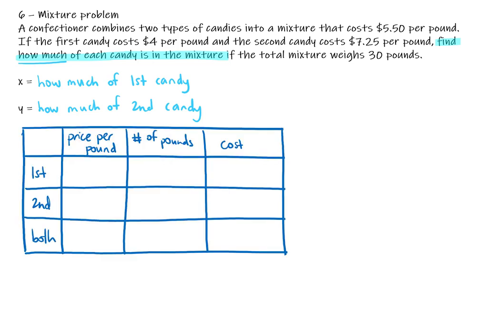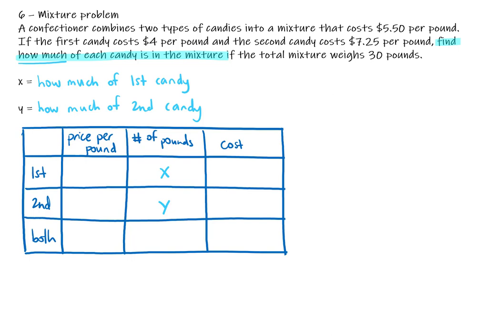Setting up our chart like this, let's go ahead and put our variables x and y in. Our number of pounds is x for the first and y for the second. Now let's go read the problem again. It says a confectioner combines two types of candies into a mixture that costs $5.50 per pound. That's for the whole mixture.